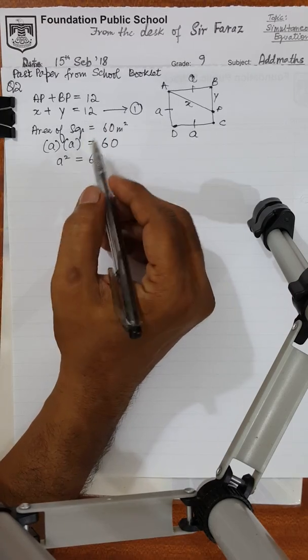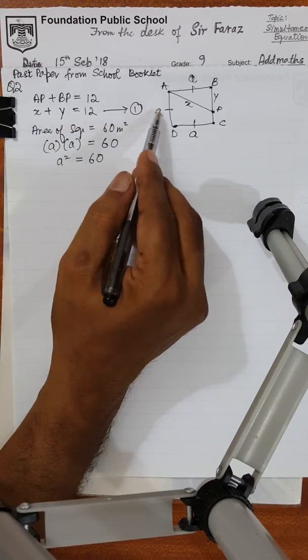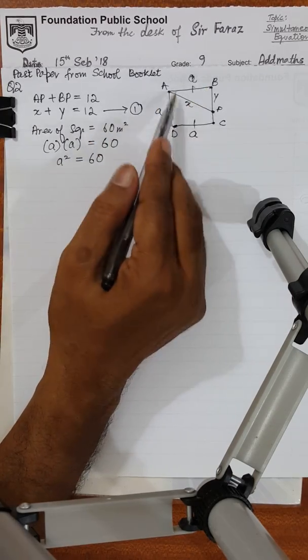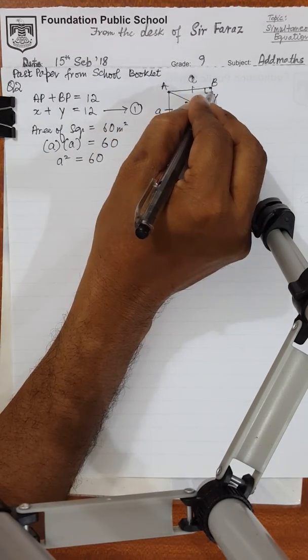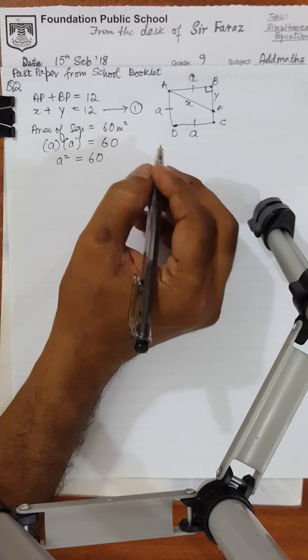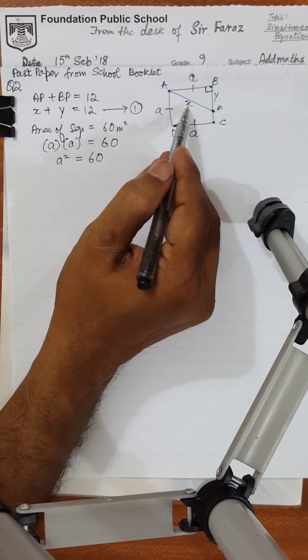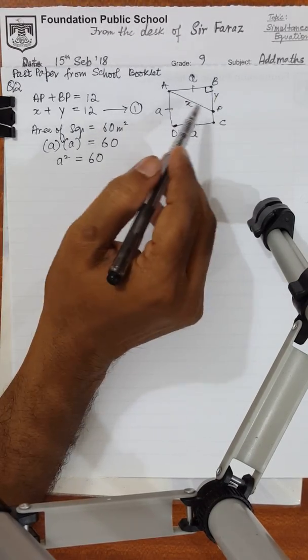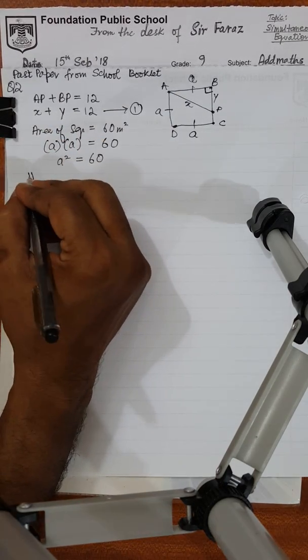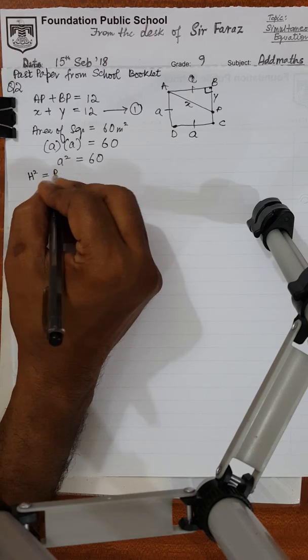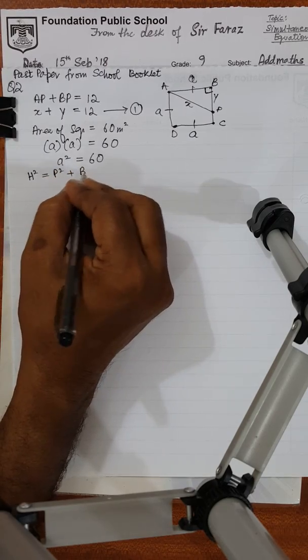Now, can we calculate the value of a in terms of x and y from this triangle? As we can see, this is a right angle triangle, and in a right angle triangle we have the hypotenuse, the perpendicular side, and the base side. By applying Pythagoras theorem, hypotenuse square equals perpendicular square plus base square.